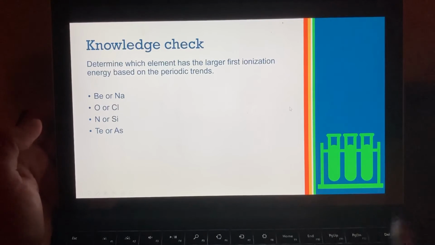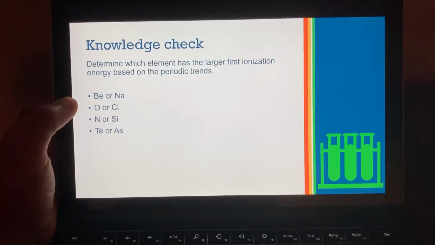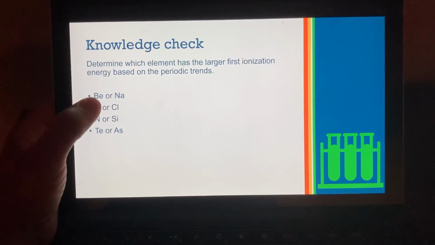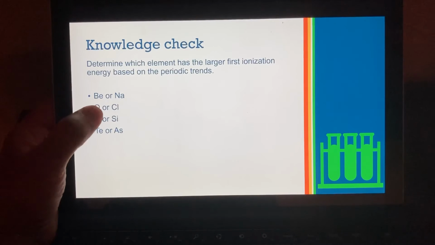So let's do a knowledge check about which elements have a larger first ionization energy based on periodic trends. The first one asks, which has a larger first ionization energy, beryllium or sodium? Second, which has a larger first ionization energy, oxygen or chlorine?